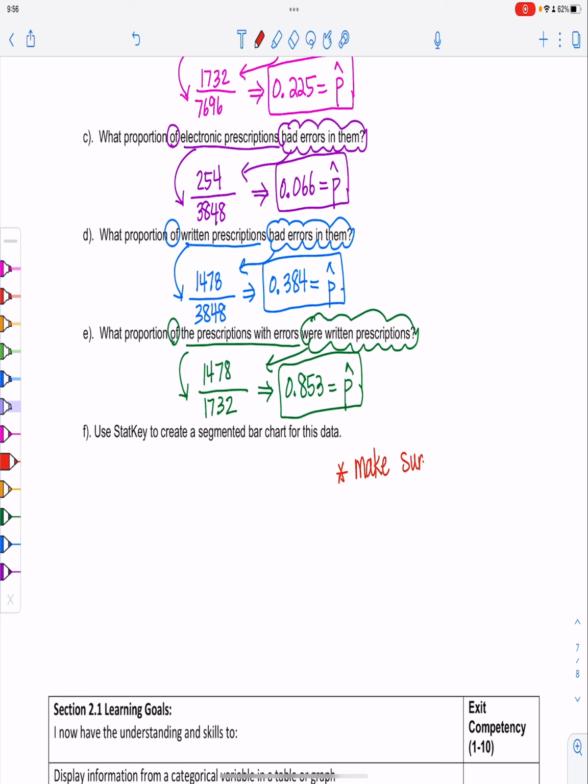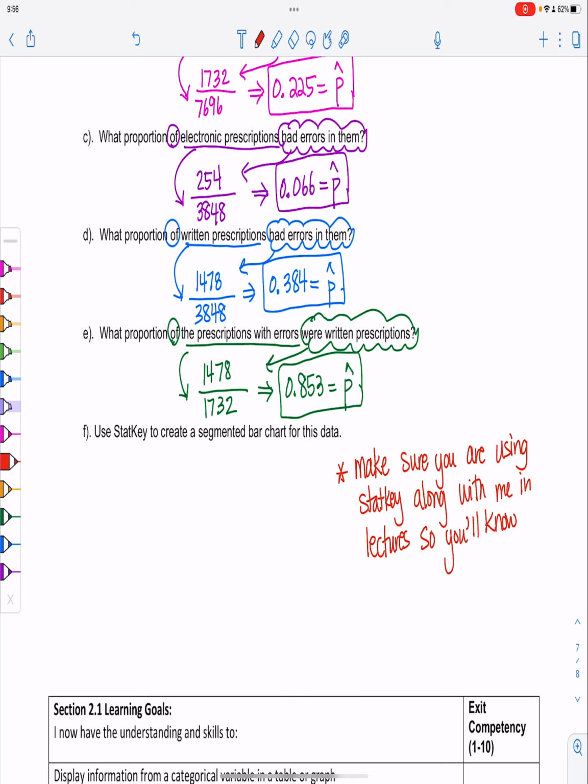Make sure you are using StatKey along with me in lectures, so you'll know how to do the StatKey lab assignments.